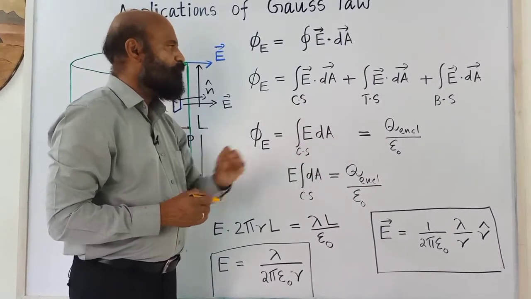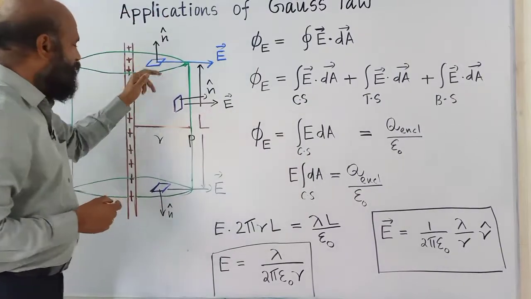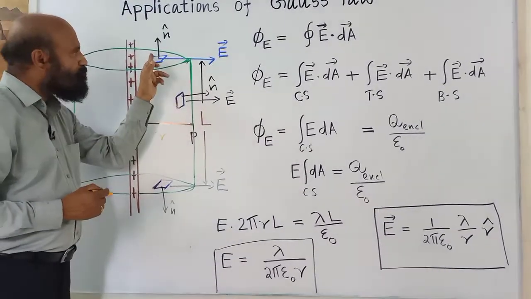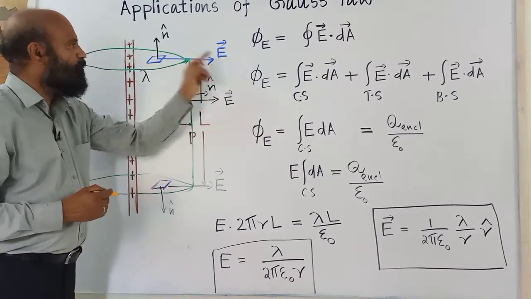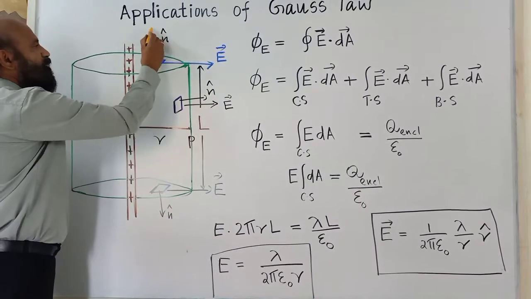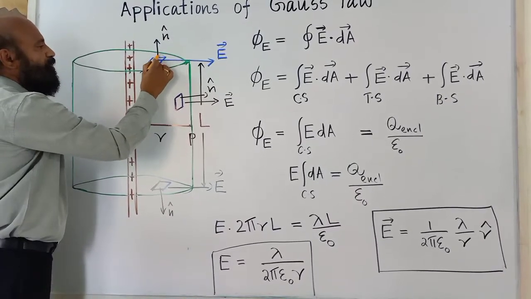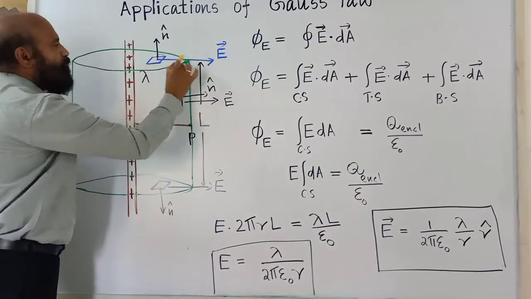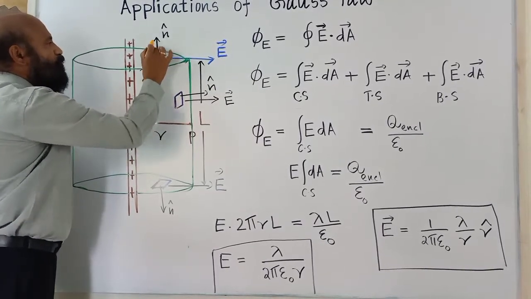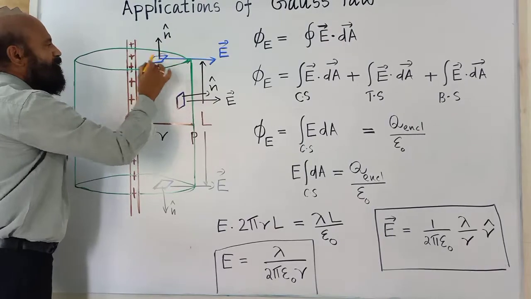So E into dA. Here and here you can see electric field intensity is acting along this direction, radially outward, and this is the area vector or n cap acting in this direction. So the angle between intensity of the electric field and area vector or unit normal vector is 90 degrees.